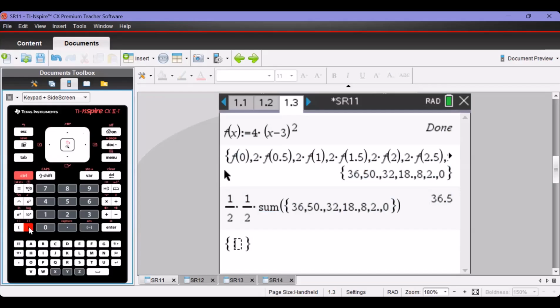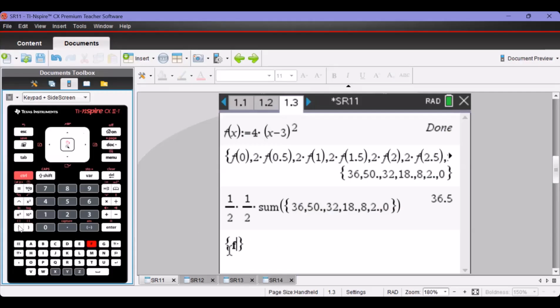Then you enter each one of these separated by a comma. I'll start it off. For example, you would first enter f of 0 and then use the comma key.